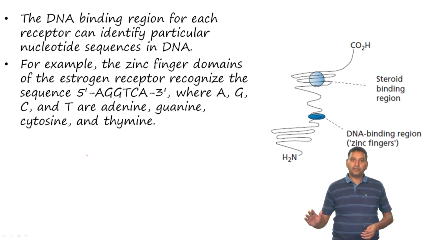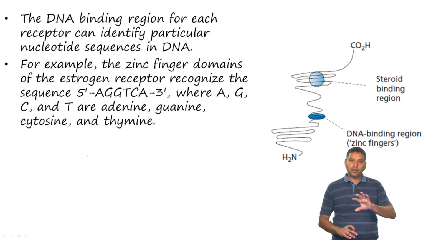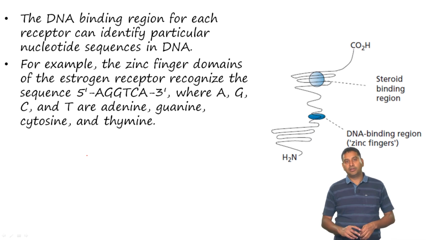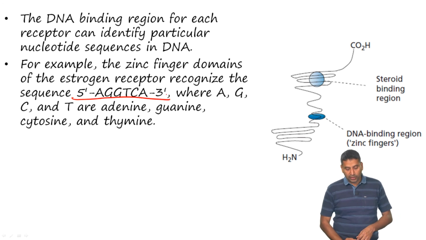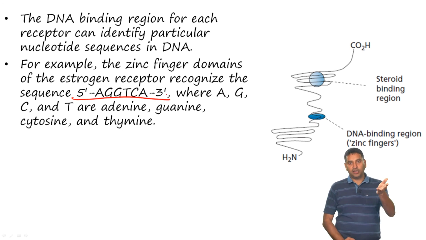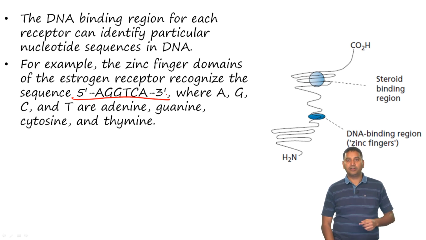The DNA binding region for each receptor can identify a specific nucleotide sequence in DNA. For example, the zinc finger domains for the estrogen receptor recognize the sequence shown here, where A, G, C and T are adenine, guanine, cytosine and thymine respectively.